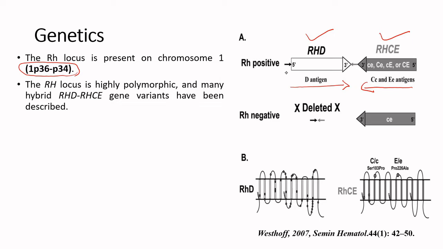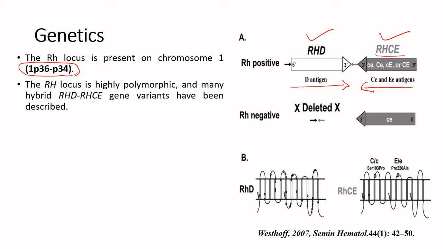As you can see here, the 5 prime to 3 prime direction of RHD is facing the 3 prime to 5 prime direction of RHCE. So when there is a locus with Rh positive antigen, it means it will have both these genes, RHD and RHCE.